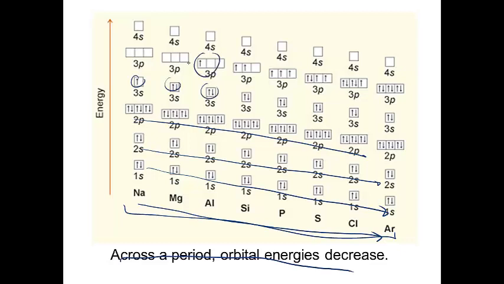And we'll be using that to explain a number of things. The key, though, is that the energies of all of these different subshells are not the same for different elements, and they decrease moving across the periodic table from left to right.